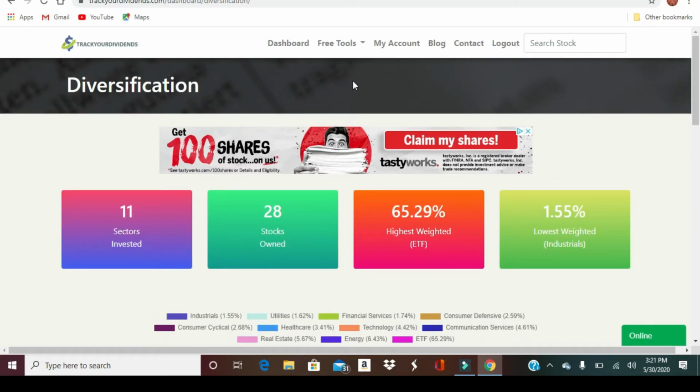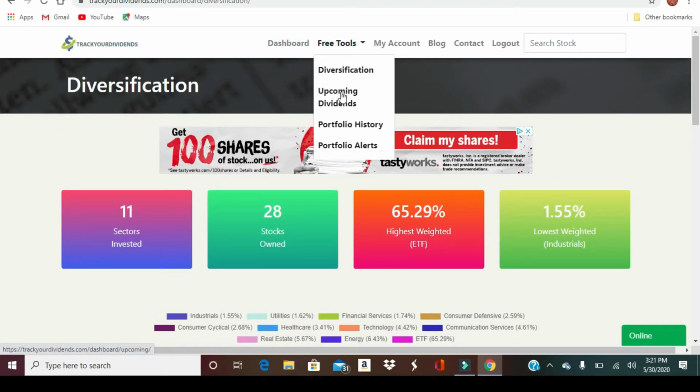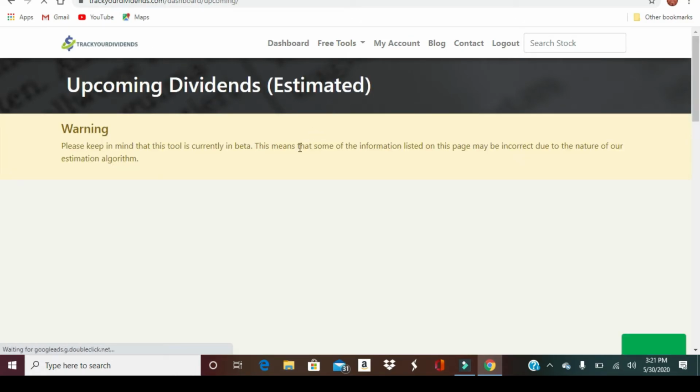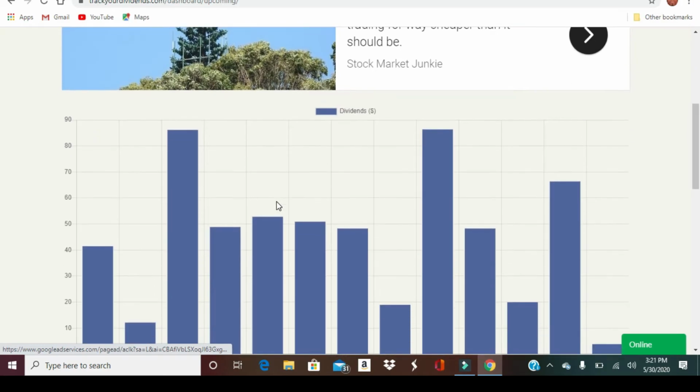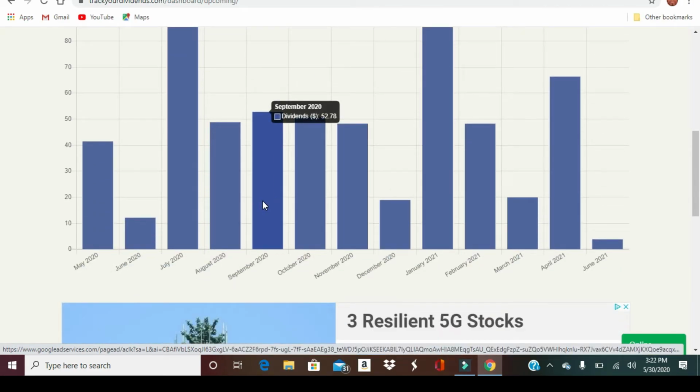So the other one is upcoming dividends, that I usually use mostly. It's really good because, as I said, my goal is to retire on dividends. So by investing, I want to be able to get paid every single month.